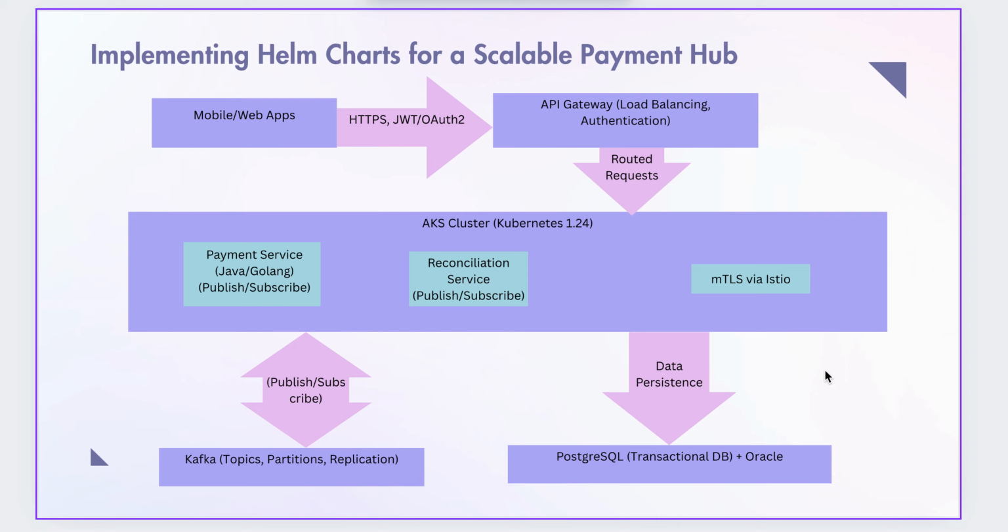For example, the payment service emits transaction events which the reconciliation service consumes for data consistency. Kafka's partitioning and replication ensure high throughput and fault tolerance, critical for processing millions of events with low latency.